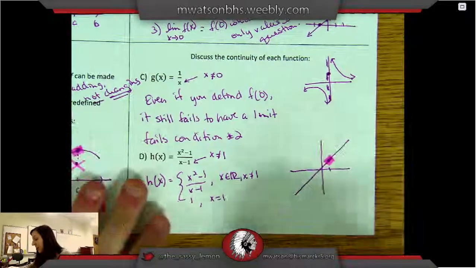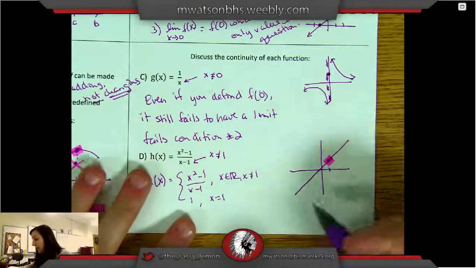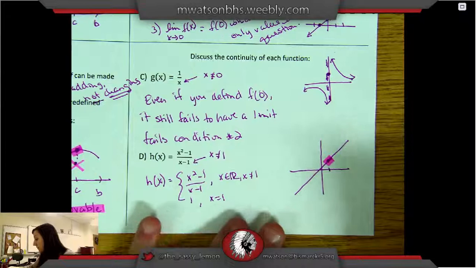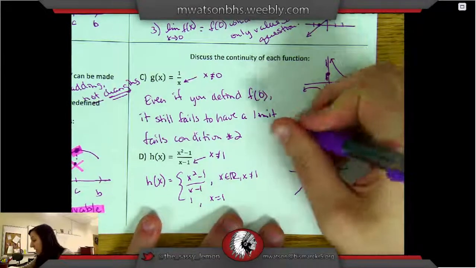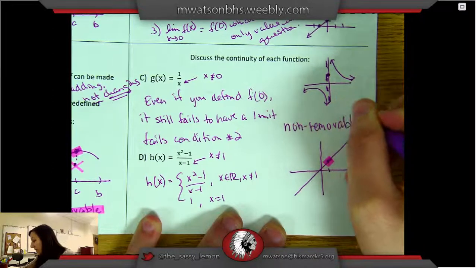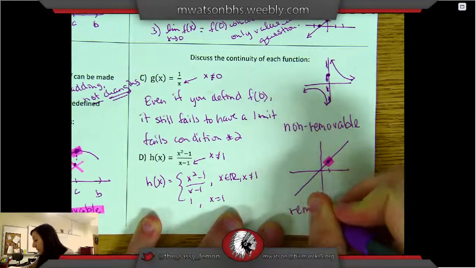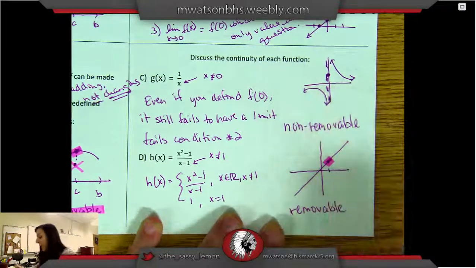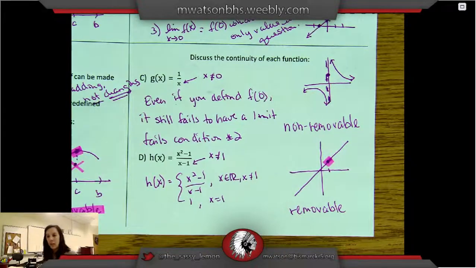So yay, this one was fixable. So you can call this one non-removable and this one removable. And I'm sorry, you guys, if you're completely lost, please, let's just flesh this out tomorrow. But I feel like this was a good groundwork for us to work from.